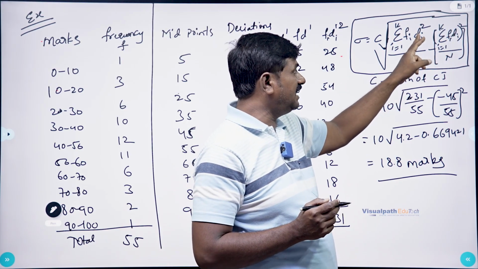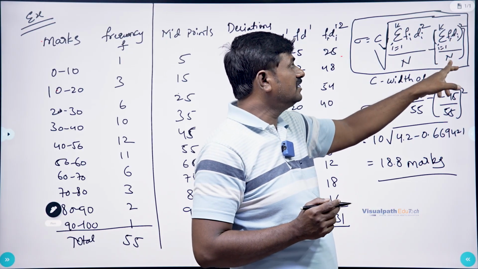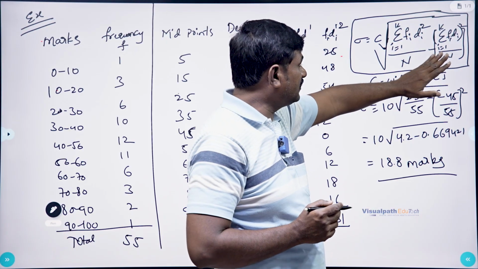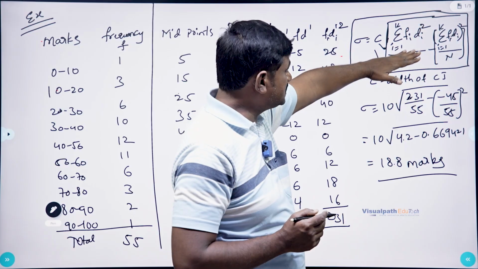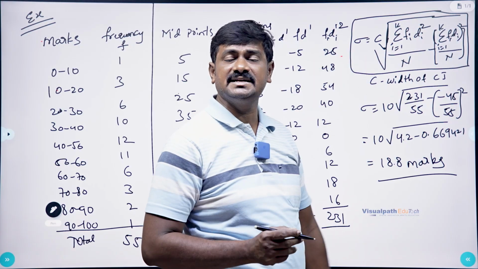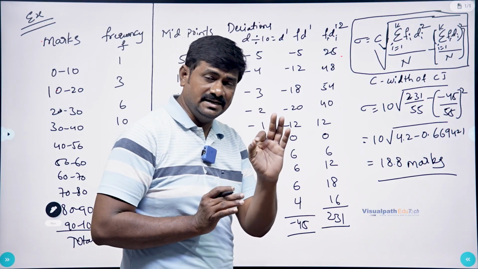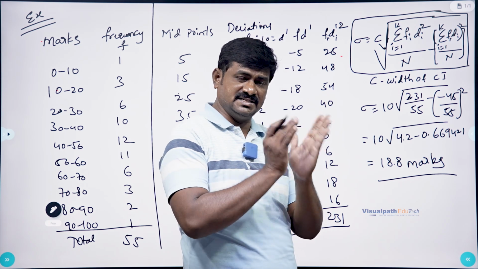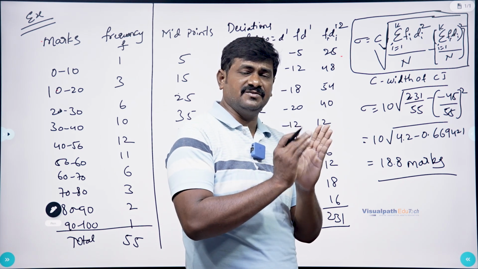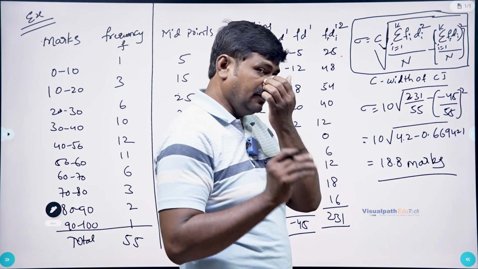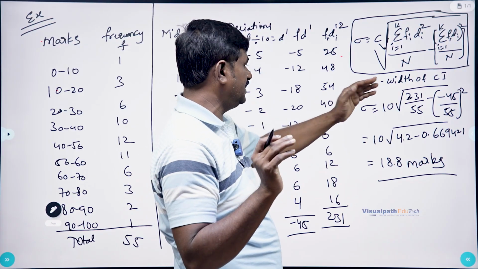Here, c indicates the width of the class interval, meaning the difference between one observation and the next observation. The width of that class interval is nothing but c.